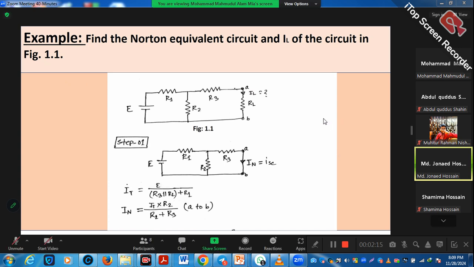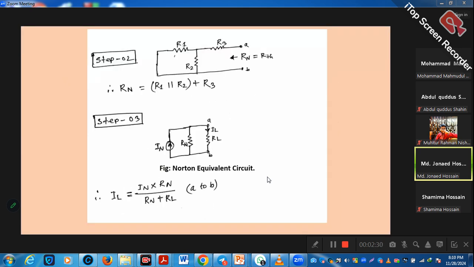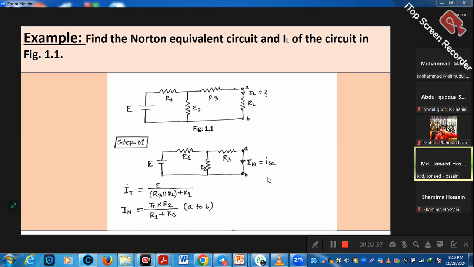In step 1, I calculate IN, which is the short circuit current, with RL removed. First I will show how to calculate IT, because I need the total current, and then I can easily calculate IN. So you see IT is given by the equation, and IN equals RT times R2 divided by RT plus R3, because across AB you see R1 and R2 plus R3.